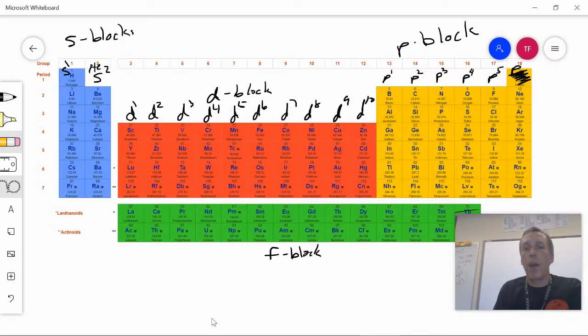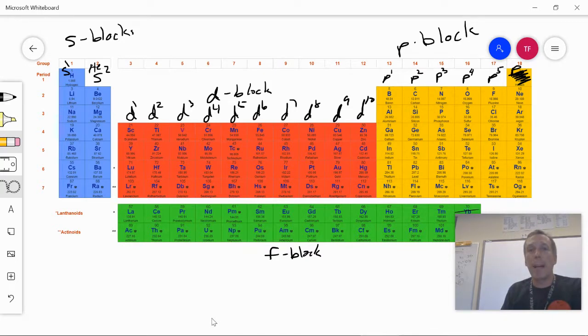What comes after 4s on your diagonal chart? 3d. The d block is actually shifted down 1. In other words, the 3d orbital you think would be right here, but it comes after 4s. So the 3d orbitals are actually 1 level down. So we have 4s, 3d, and then 4p. That's the only trick that doesn't quite fit perfectly with the patterns, but everything else does fit really nicely.